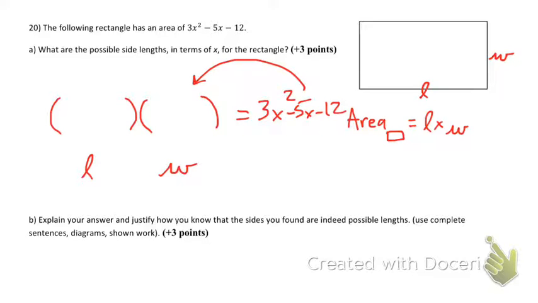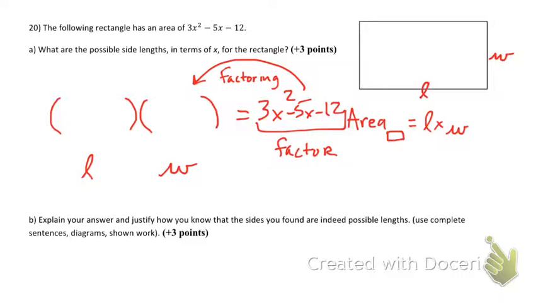What I've always told you is anytime you turn something back into multiplication, that's called factoring. So what this problem is really asking us to do is, can we factor this? And if we can factor it, it turns it into multiplication, which we will now know the length and the width. And that's what part A is asking. What are the side lengths? What's my length? What's my width of this problem? So that's our job. We are going to factor.